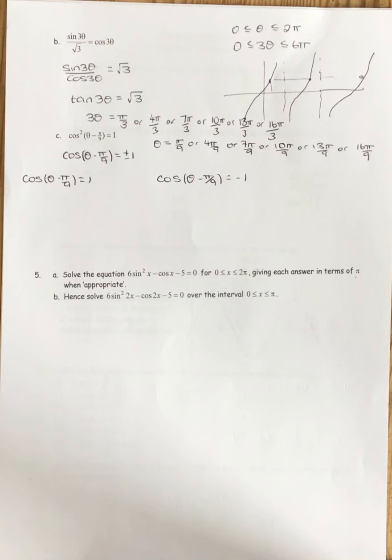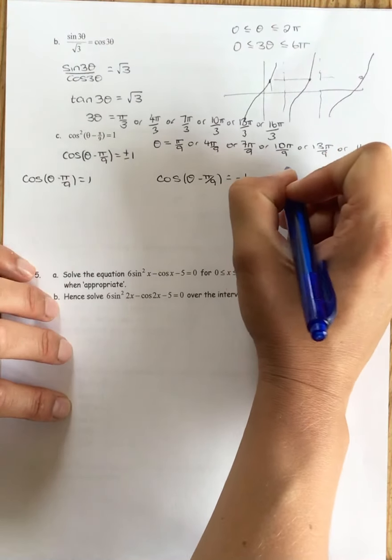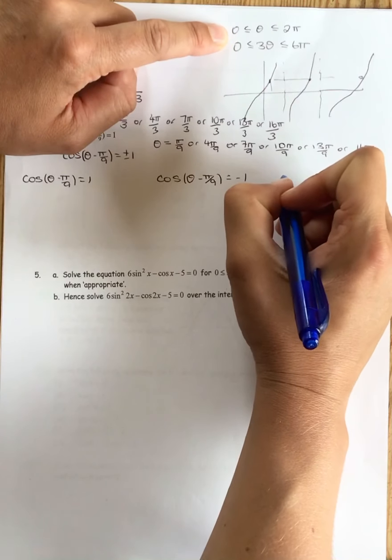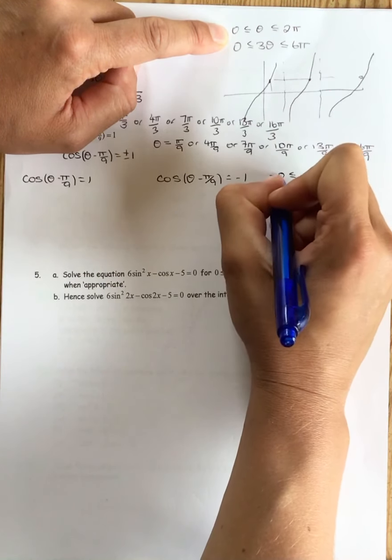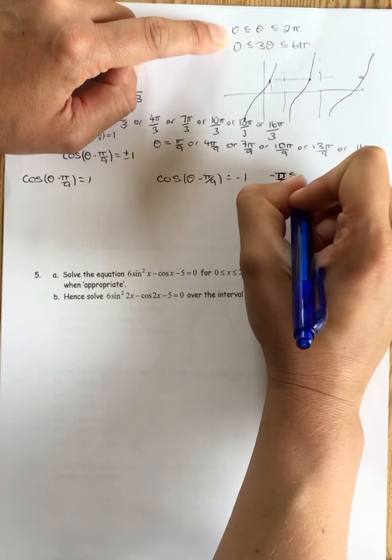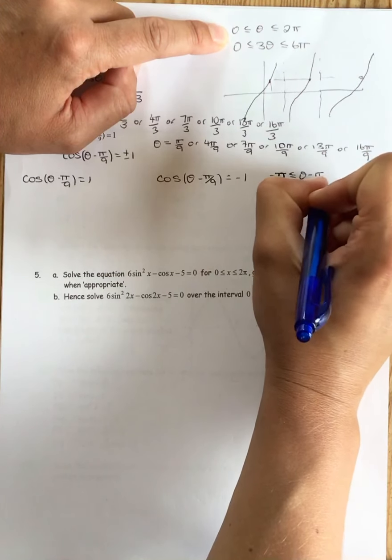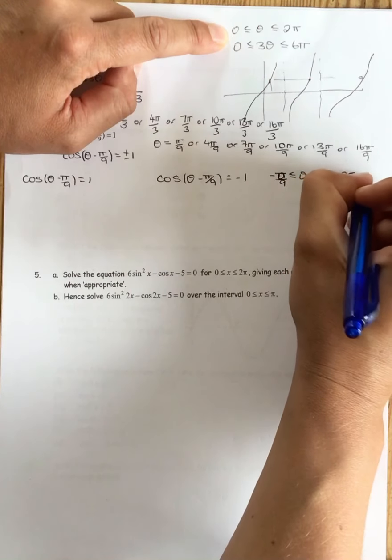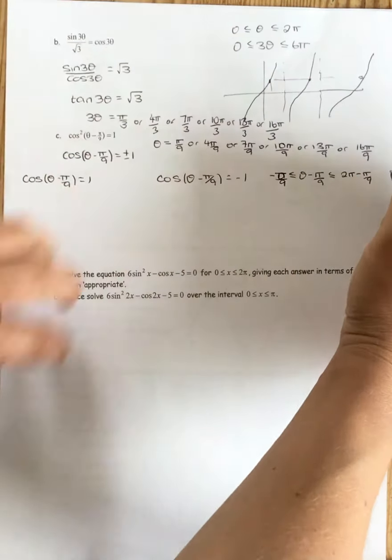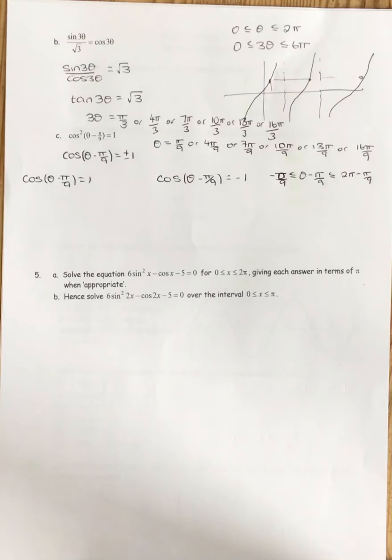Now we need to consider these values for theta between 0 and 2 pi. So that means if I take pi over 9 away from those values in the range, I want theta minus pi over 9 to be between minus pi over 9 and 2 pi minus pi over 9, or 17 pi over 9.